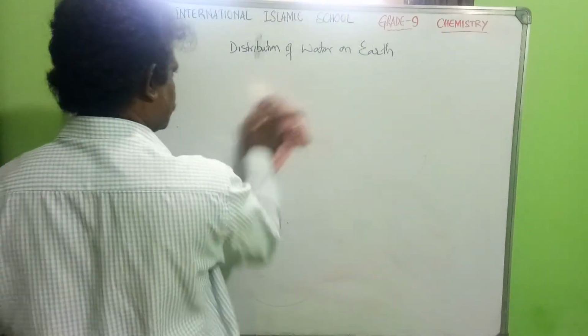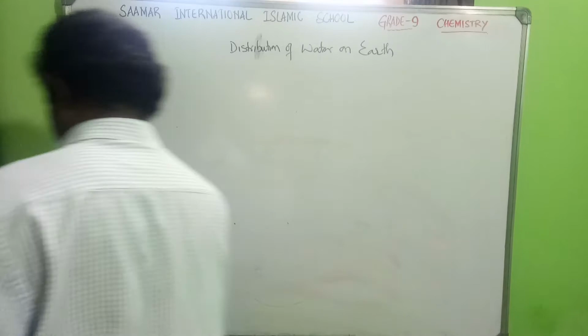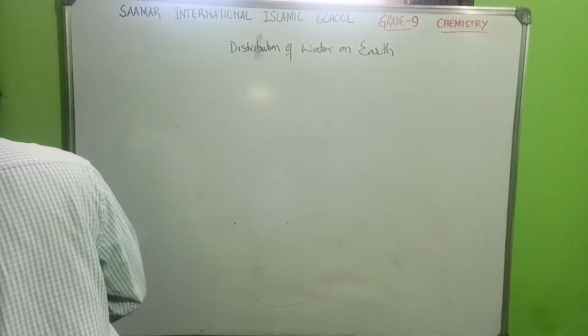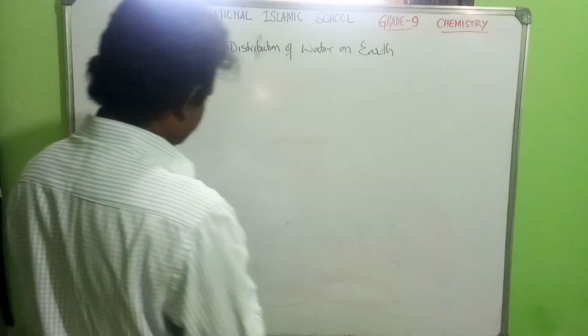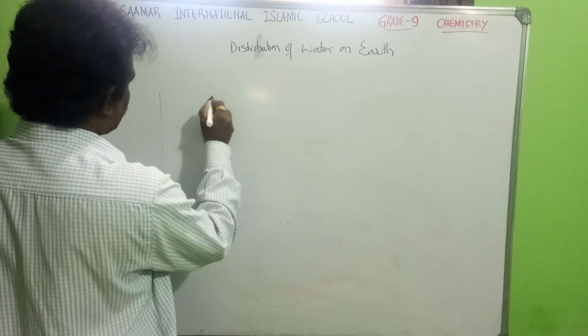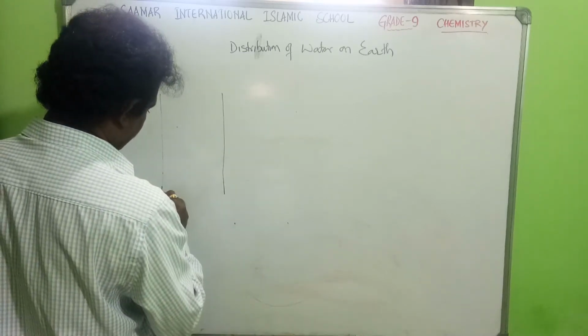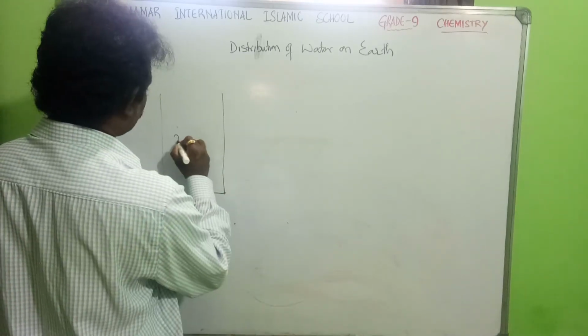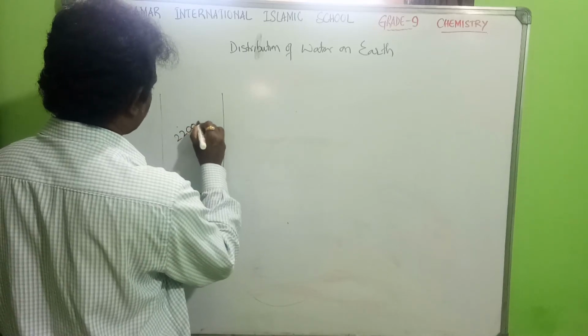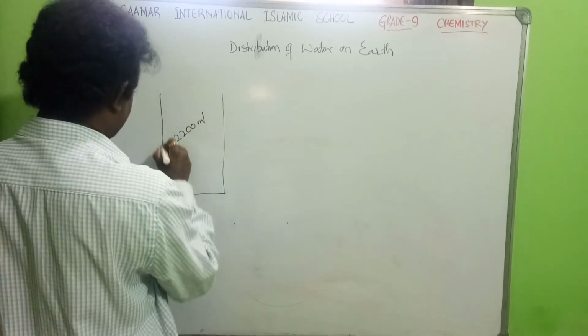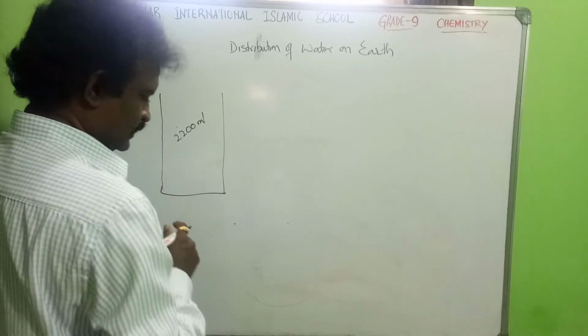If you see here, it's very clear. I will take a beaker and assume 2200 ml of water is present on earth. Is it clear?